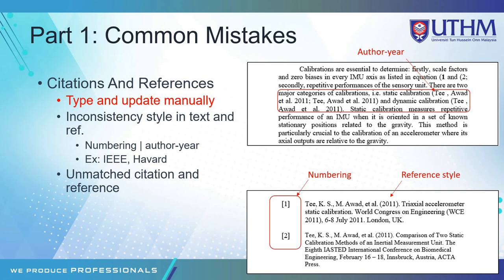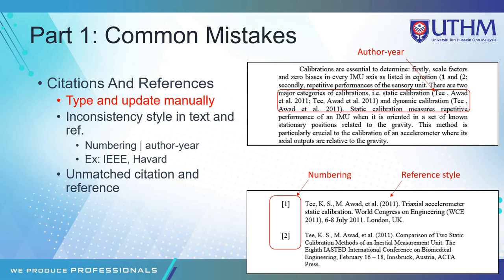Again, this mistake happens with beginners and young students who do not pay attention to the format of citations and references. They type and update it manually, probably unaware of the mistake. A common mistake is the mixture of styles of citation and references in a single document.